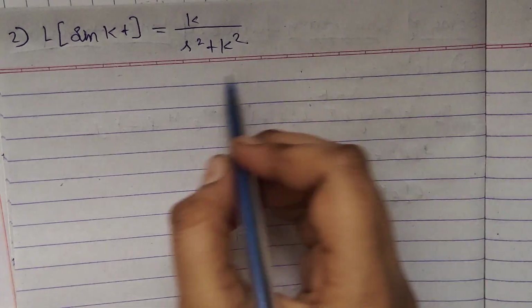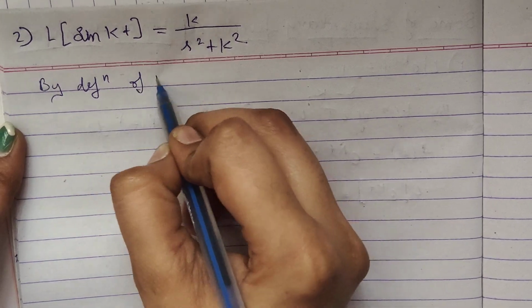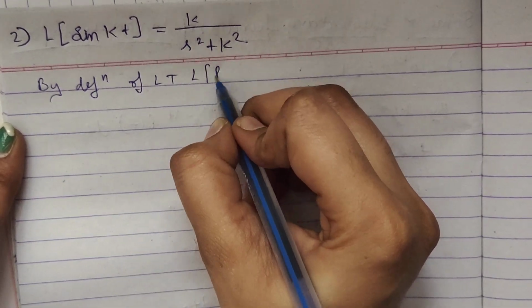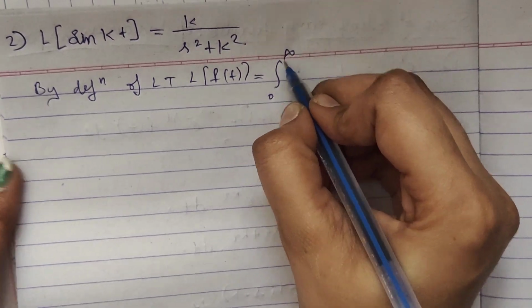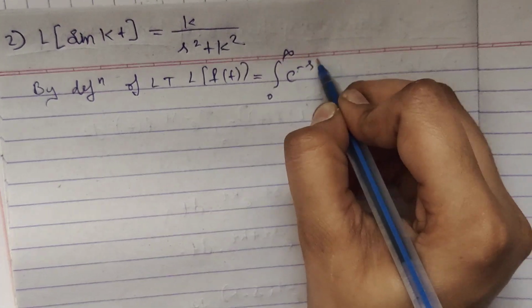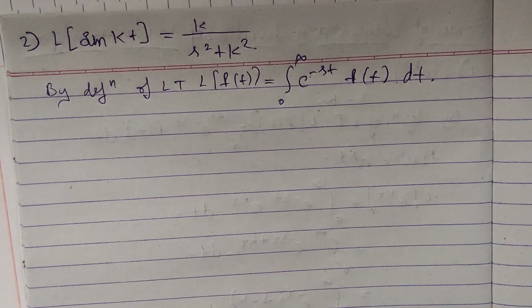By the definition of LT, L of f of t is equal to integration over 0 to infinity e power minus st f of t into dt.